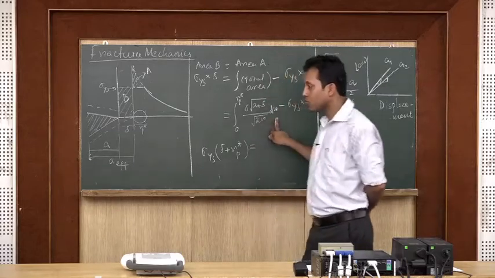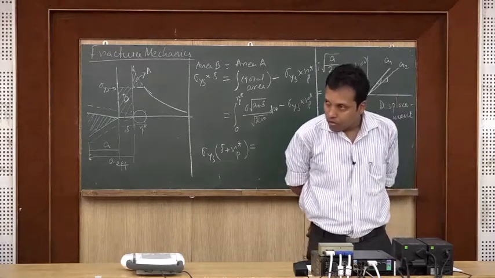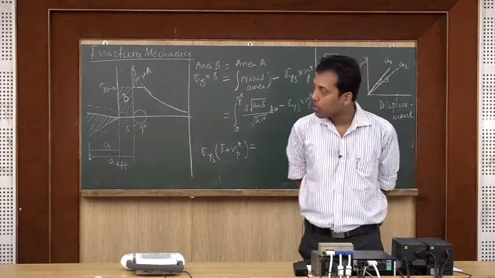If you do this, 1 by root over r, what it will give, r to the power minus half plus 1 by minus half plus 1. So, that is at the top 2.